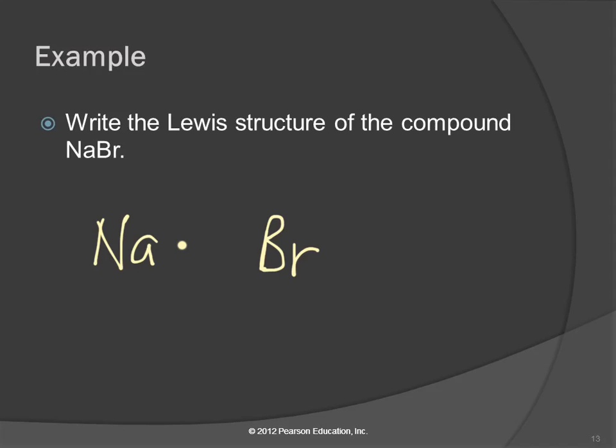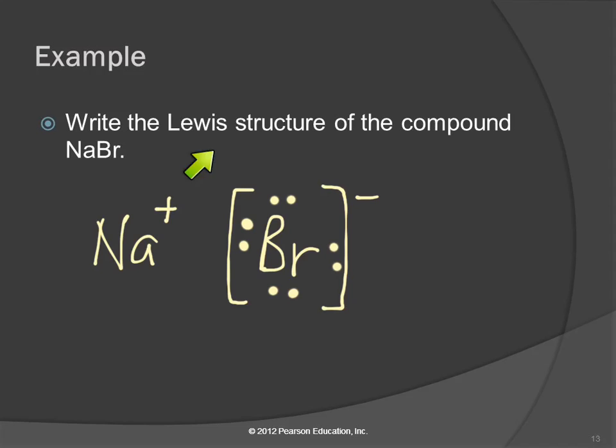And how many does bromine have? 7. 1, 2, 3, 4, 5, 6, 7. So what's going to happen is if we move that electron over there, what does that do to charges? This is positive. There's the brackets that mastering chemistry will not let you put in, and a minus.